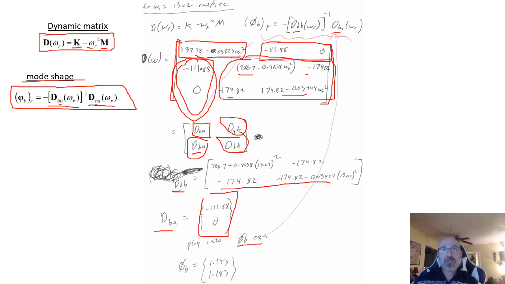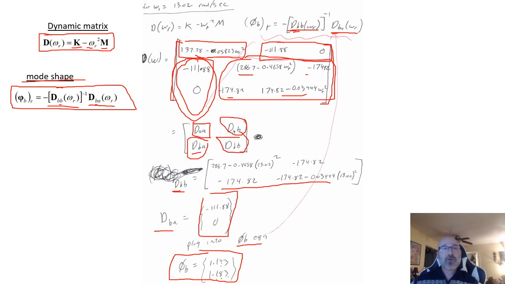We take the inverse of our DBB and multiply it by our DBA. What we end up with is our mode shape for theta of B equal to 1.143 and 1.183.